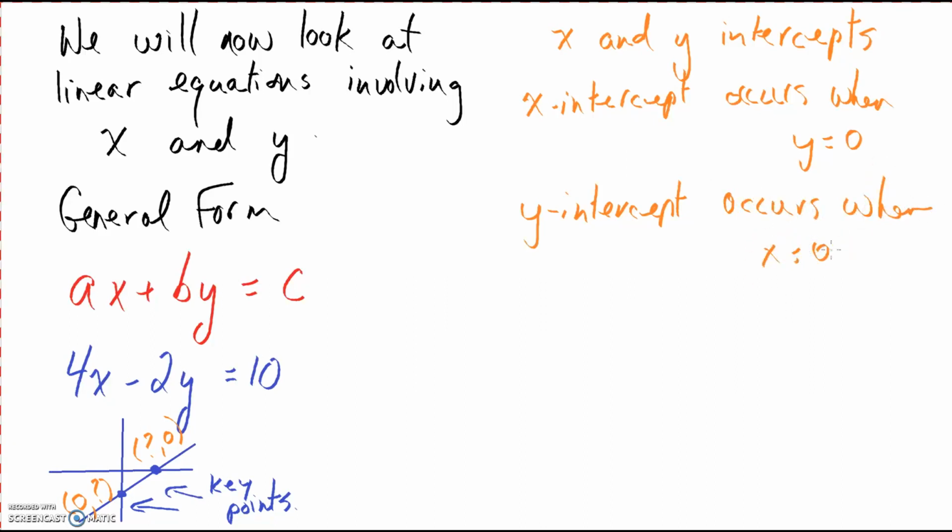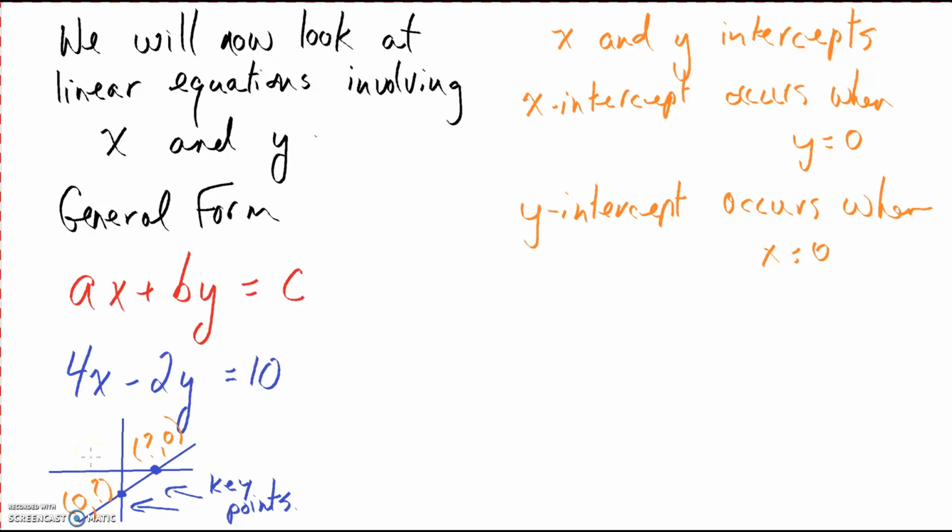So this will give us 2 points. If we sub y equals 0 into this equation and solve for x, we will get the x value that goes with y being 0. If we sub in x equals 0 into the equation, we will get the y value that goes with x being 0. Once we have 2 points, we plot them and we have the line.